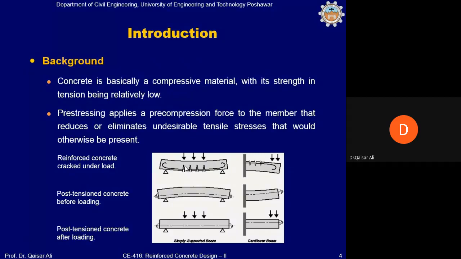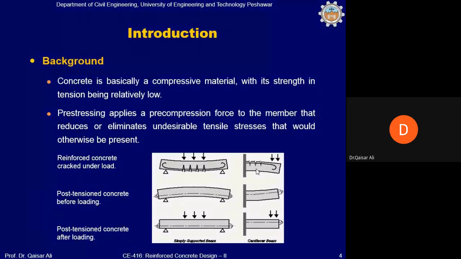And the result is an increased capacity of reinforced concrete beam as compared to plain concrete beam. And you know that we provide reinforcing bars on the tension side. As you can see, a cantilever beam on the right top, and the reinforcing bars will be placed on the top side of the beam, because tensile stresses in a cantilever beam will be produced in the upper part of the beam.